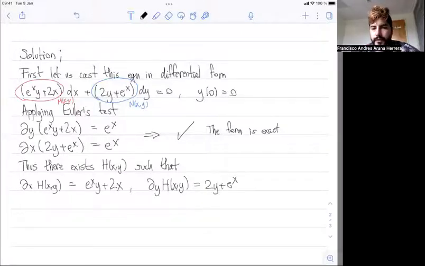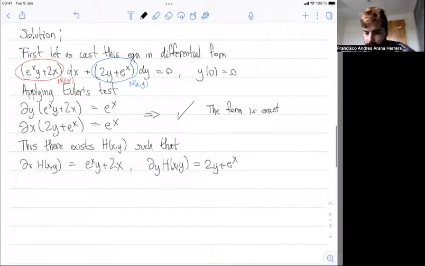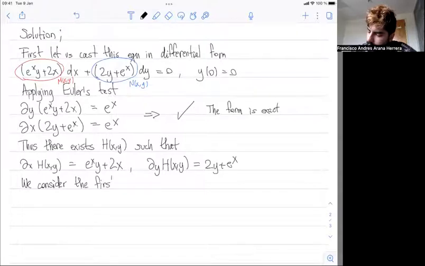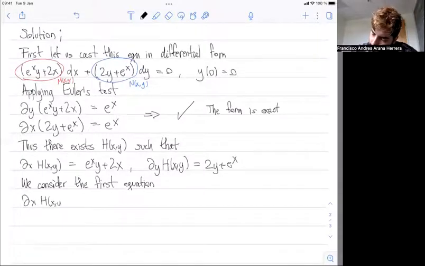Okay, so now we want to know what this integral is from these two equations. So let us do it in the following way. We consider the first equation, which is just partial x of h of xy equals e to the xy plus 2x.